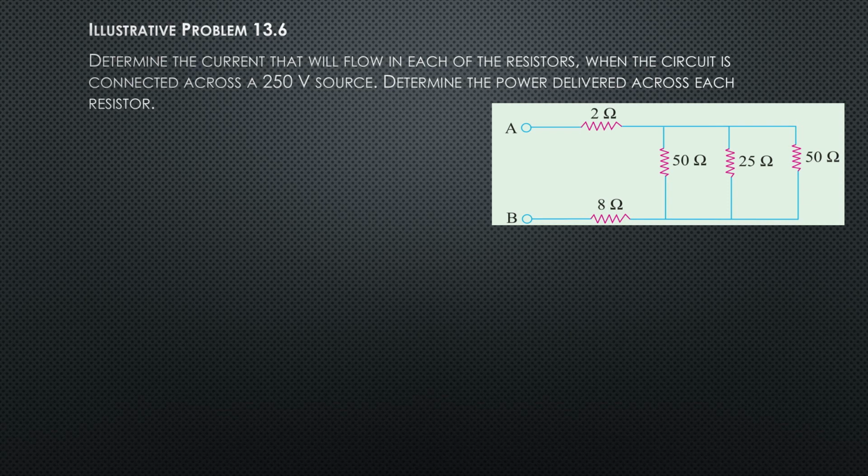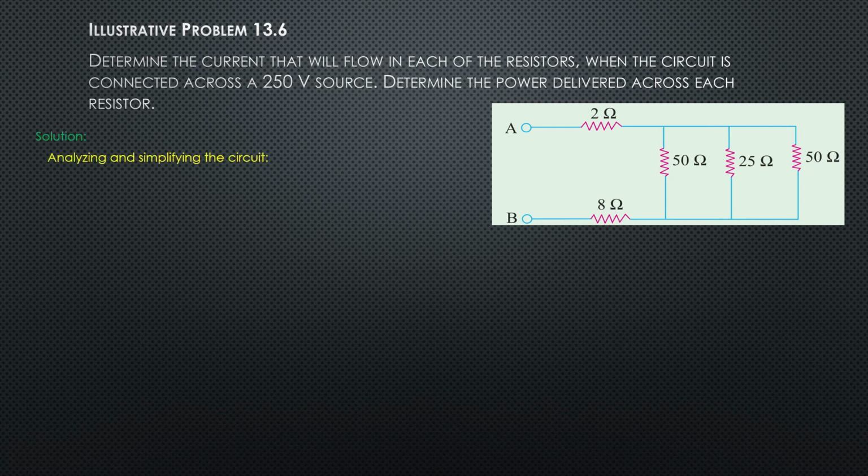So we are determining the individual currents that will flow across the 2 ohms, 50 ohms, 25 ohms, and 50 ohms here, and the 8 ohm here. And also the power that will be delivered on the 2 ohm, 50 ohm, 25 ohm, 50 ohm, and 8 ohm resistors.